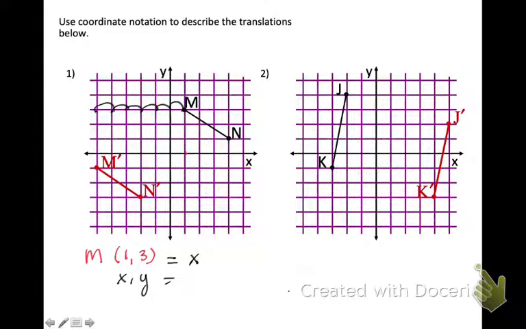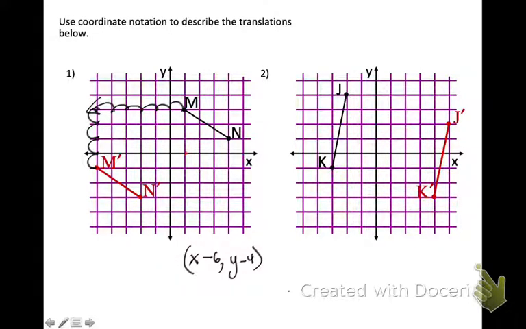So since I'm going to the left, it's -6. And then my y, I'm then going down, 1, 2, 3, 4. So it's y minus 4. That's the rule.